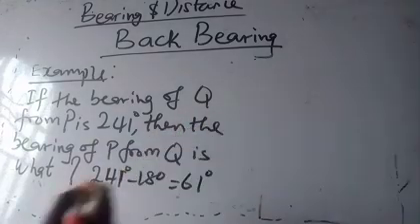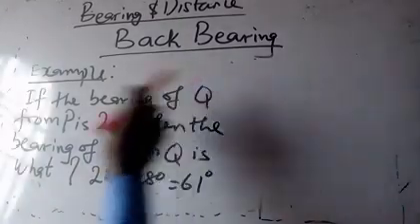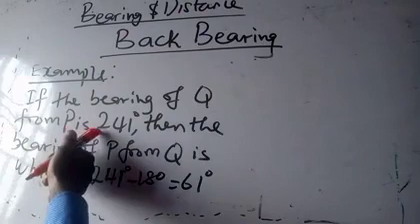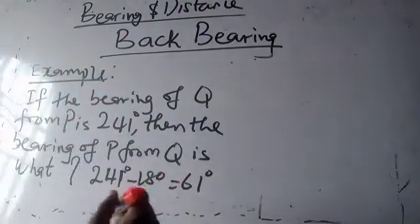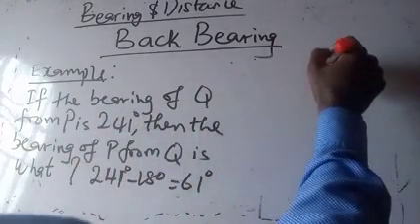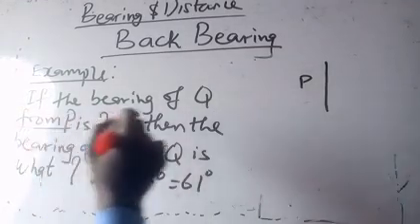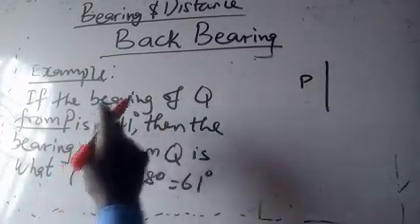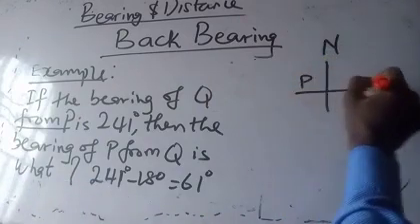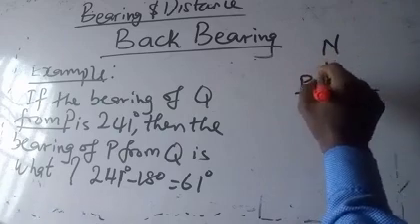From the bearing of Q, if the bearing of Q from P is 241, you measure from the North Pole.